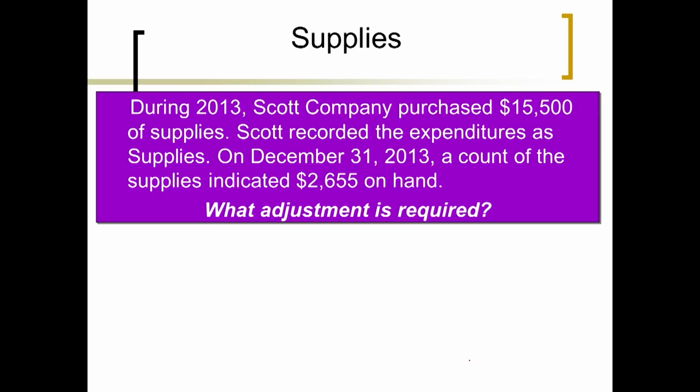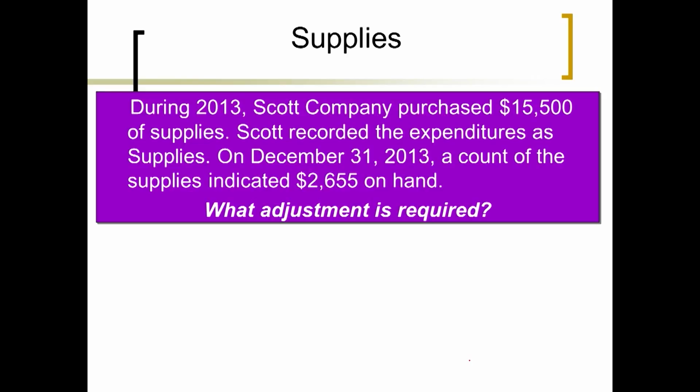Now, on December 31, 2013, they did a count of supplies, and there was $2,655 worth on hand. You see where this is the same sort of question? Well, we have to ask, how much of supplies were consumed in that time period?